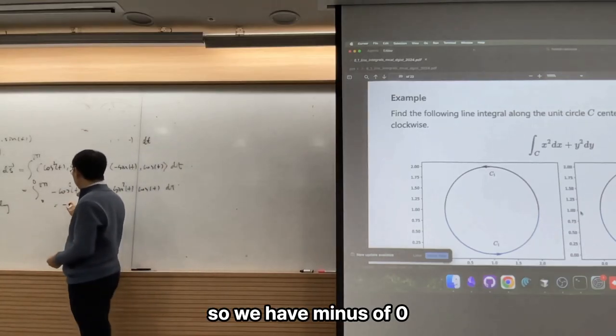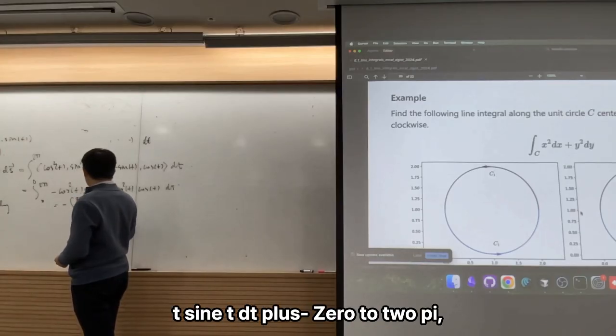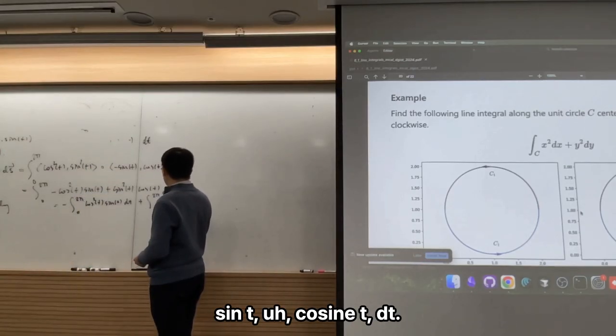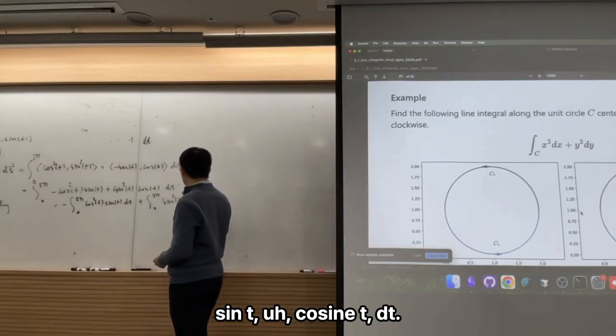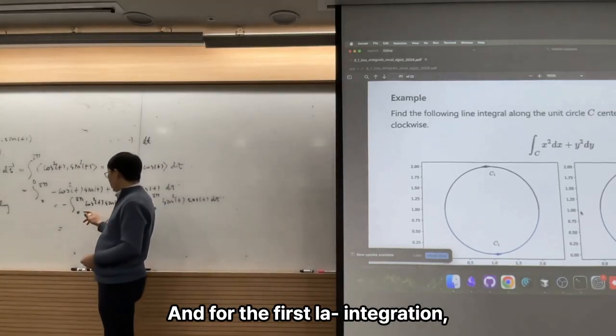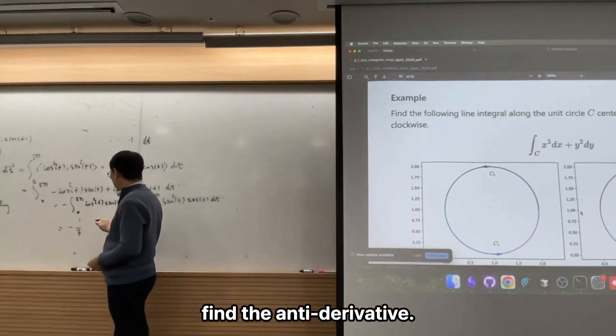So we have minus the integral from 0 to 2 pi of cosine squared t sine t dt plus the integral from 0 to 2 pi of sine t cosine t dt. For the first integration, I can just simply find the antiderivative.